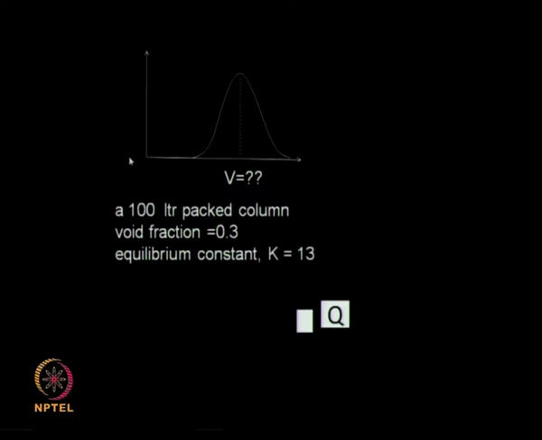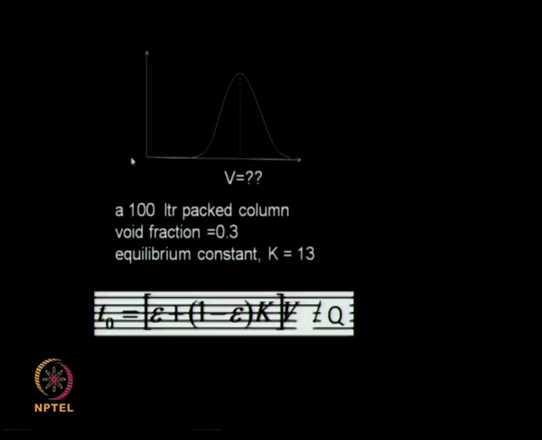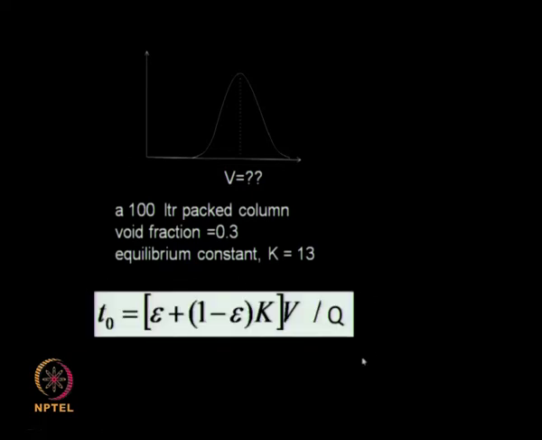Again we use one of those equations, where T naught equals (epsilon plus (1 minus epsilon) k) V by Q. This is the elution time. When I multiply it with Q, the flow rate, I get Q T naught, that is the elution volume.